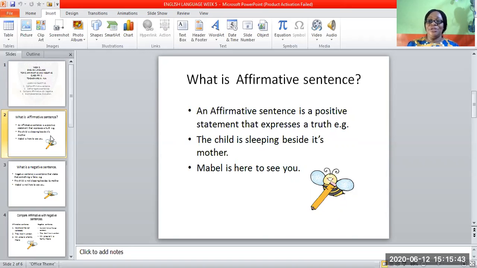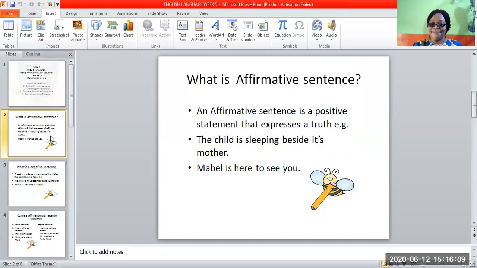Now, mind you, we shall be using sentence and statement interchangeably. Know that sentence and statement are two similar words that can be interchanged. So when I say sentence, I mean statement, and when I say statement, I mean sentence.